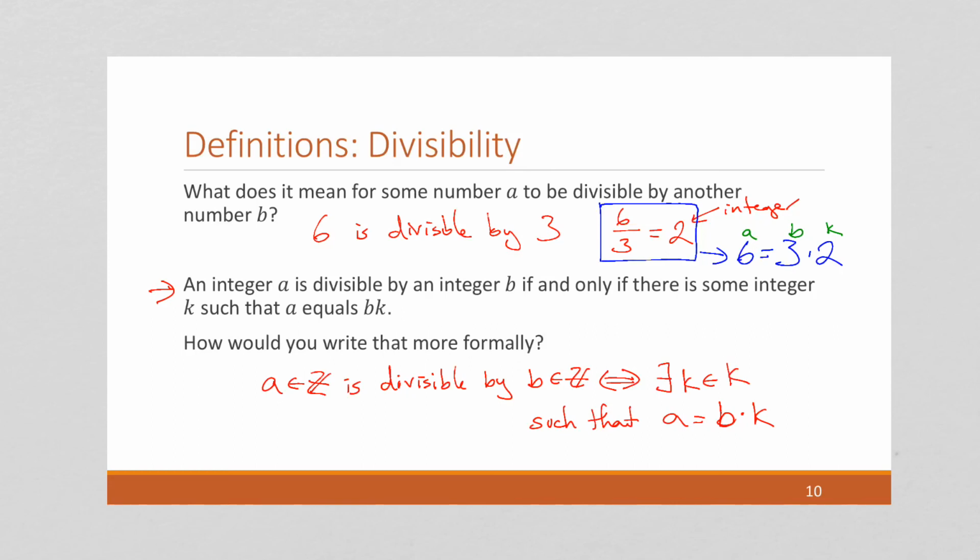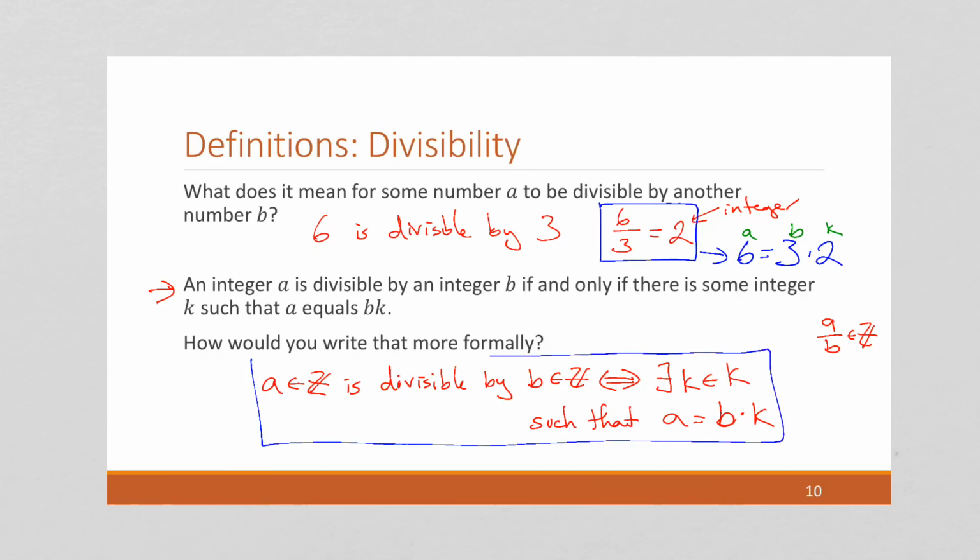Another way to say this would be that a divided by b is an integer. So this is just an equivalent way of saying that. And to be consistent, this is the way we're going to use it in this class.